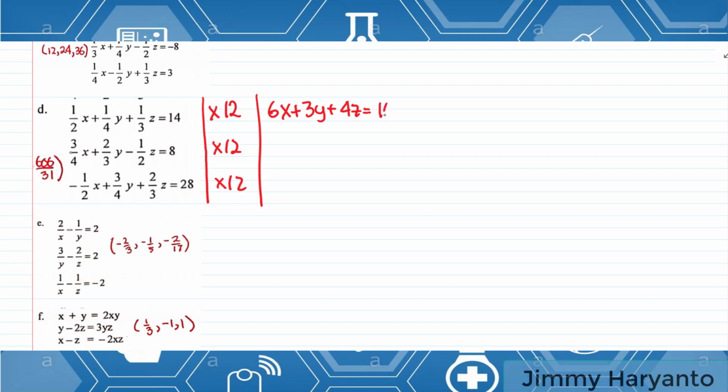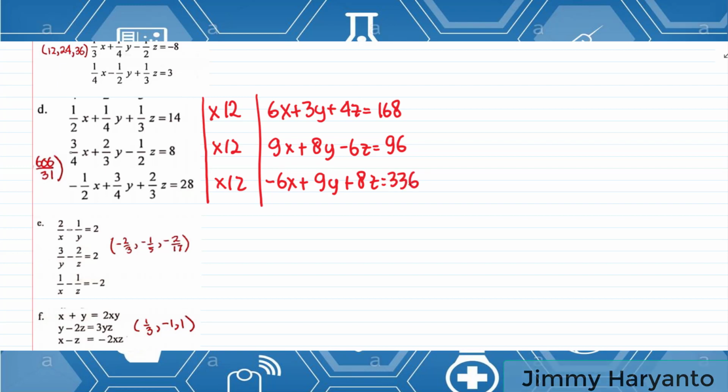It's 168 for this one. Times it by 12, 9x plus 8y minus 6z equals 96. For this one, negative 6x plus 9y plus 8z equals 28 times 12, 336.